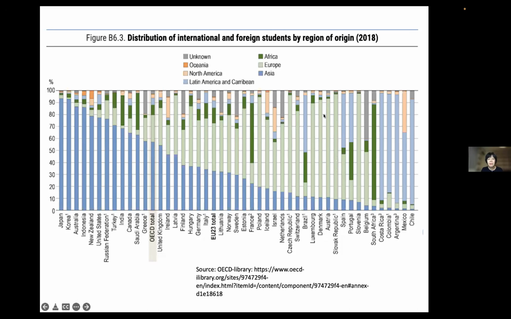And African students here, these are the darker green ones. And there's the kind of grayish blue ones here on the right-hand side. These are Latin American and Caribbean students. And the North American students kind of more scattered, but many of them are in Mexico. Do you see some patterns?